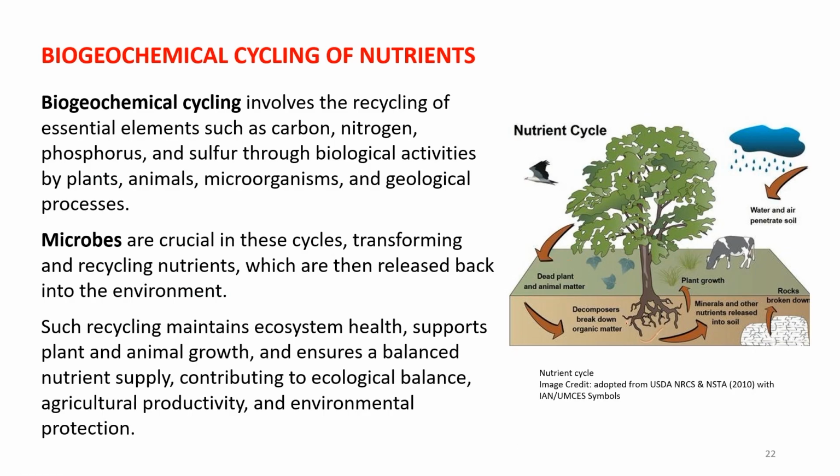These are decomposed or broken down into organic matter in the soil by various organisms, and then these release minerals and other nutrients into the soil, which helps in plant growth. That is one cycle, and also the rock present below the soil gets broken down.